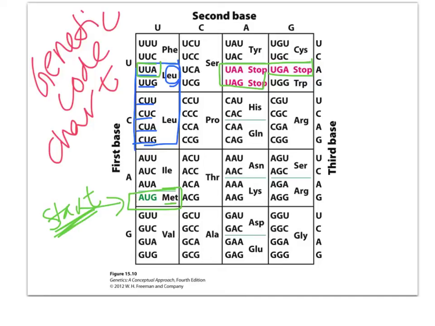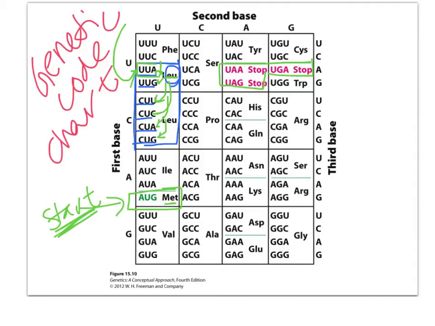I only see it in one place, and that one place is right there. Each codon only codes for one amino acid. Each amino acid, on the other hand, can be coded for by multiple codons. Okay, so that's a genetic code chart.